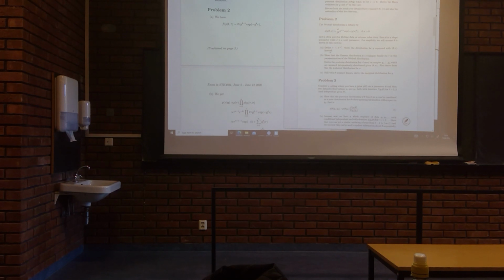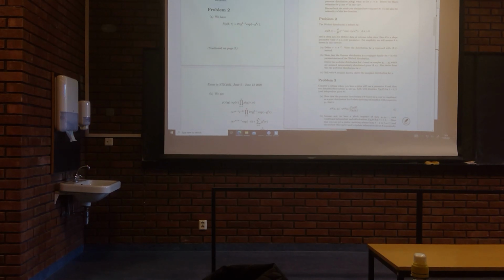But the first thing is to rewrite this distribution. It is expressed with a reparameterization of sigma. So we use tau instead of sigma, where tau is sigma to the power of minus theta. The exercise here is just to rewrite this distribution expressed with tau.